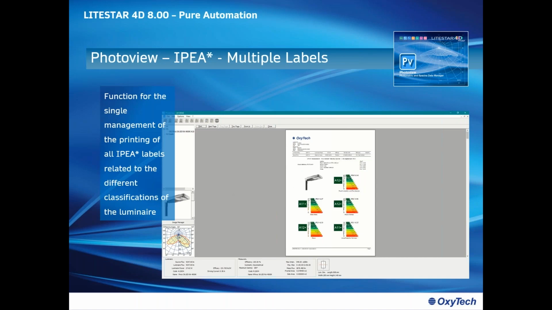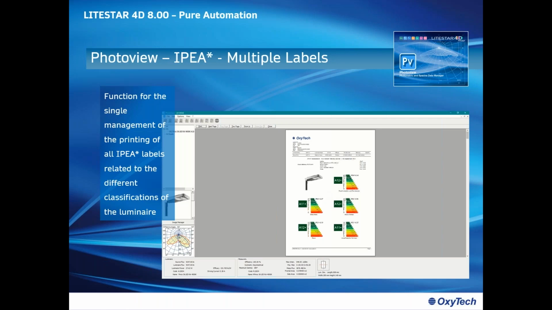Another interesting change, more related to the Italian market, is the capability now of the program to print all the labels related to the Italian energy assessment for outdoor public lighting. Before, it was possible to print a single energy label per page. But now it is possible to have all 5 available. Why? Because in Italy, the same luminaire can be classified in function of the different areas where it is going to be installed.